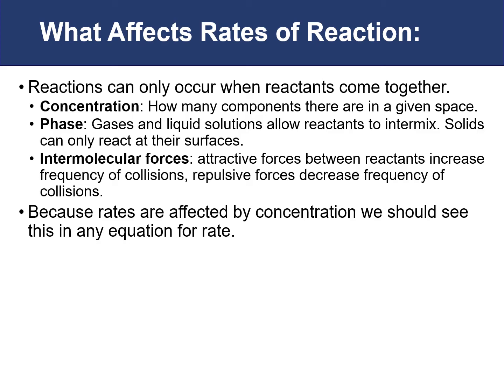Because the rates are affected by concentration, we should see this in any equation for rate. As the concentrations go up, what we should see is that the reactions occur faster. So if we have some sort of a mathematical relationship for how the rate is changing, most of the time it should have concentration somewhere in the equation.